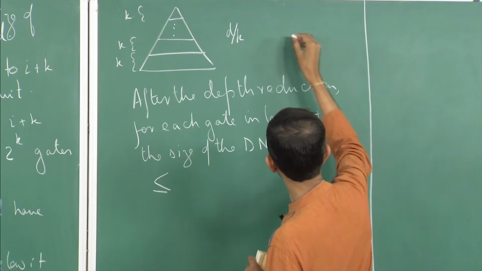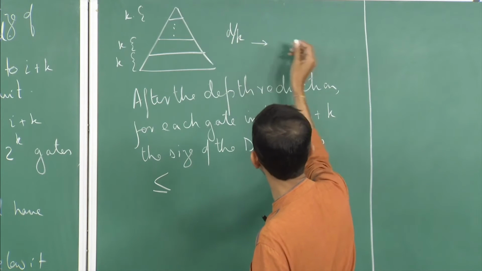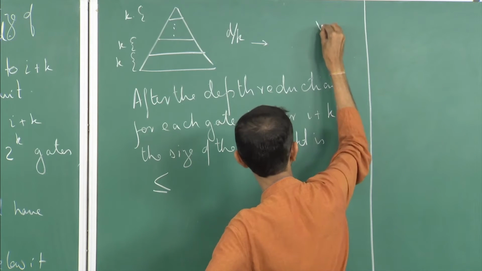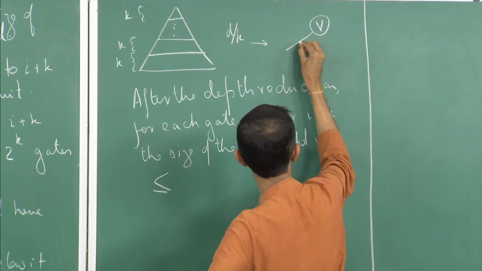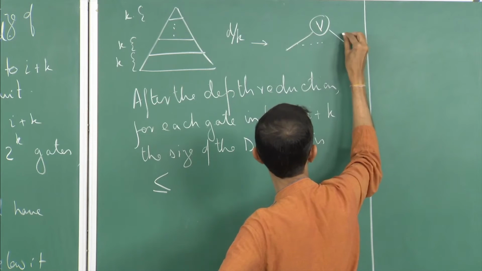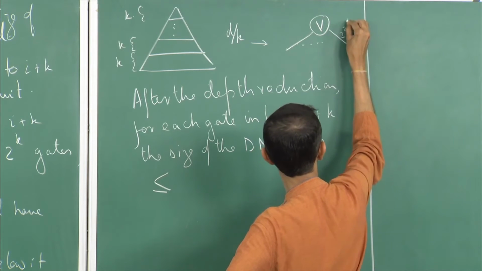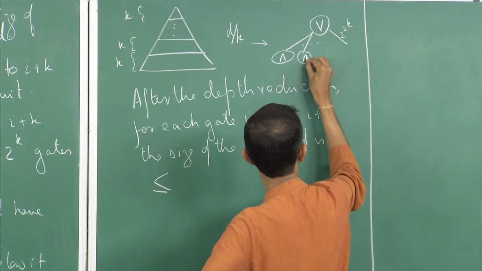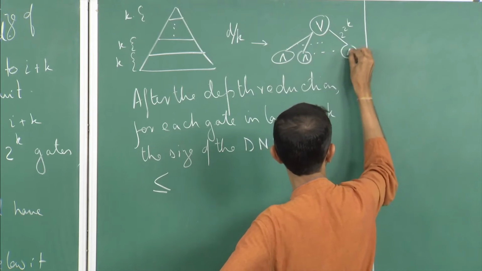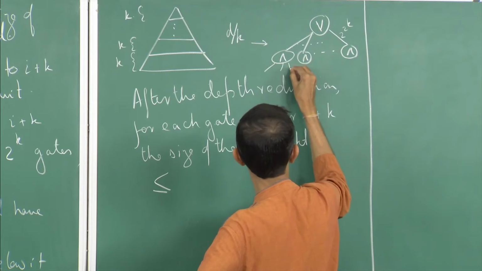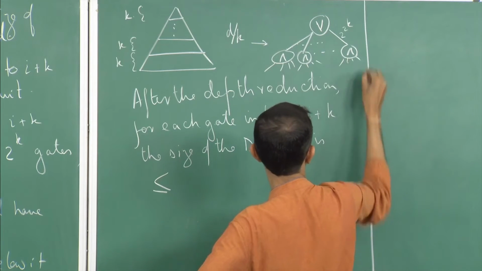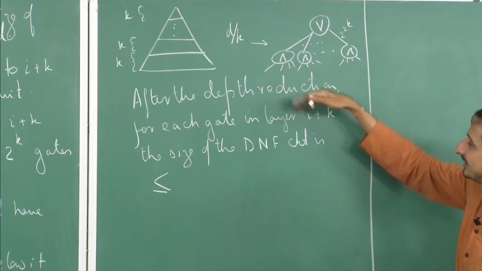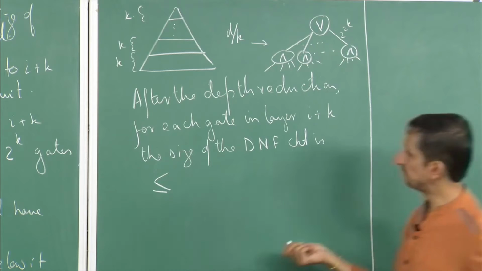So, basically I can take any one block and I am expanding it to an OR gate at the top. So, this OR gate depends on 2 to the power k many AND gates, and each AND gate will depend on 2 to the power k many gates from layer I. So, what is the blow up in the size?